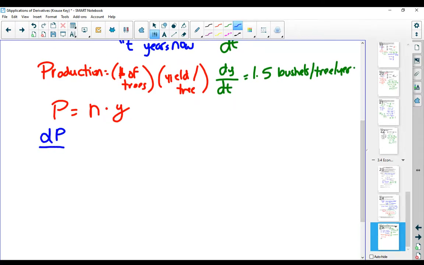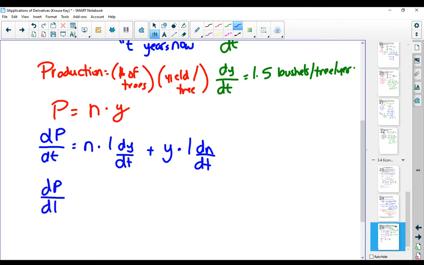So dP dt equals N times 1 dy dt plus Y times 1 dn dt. And remember, we're using the product rule. So we're looking for that current change. We've got dP dt, this is what we're finding out.